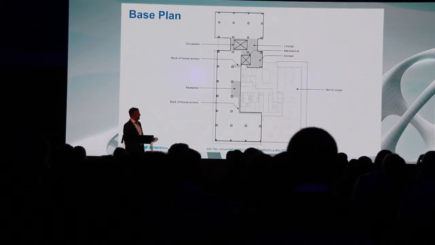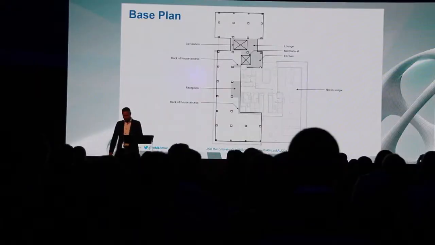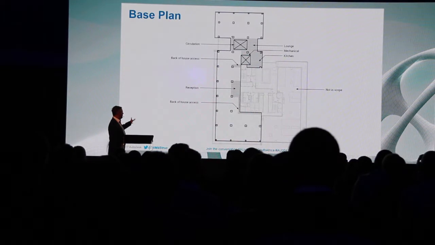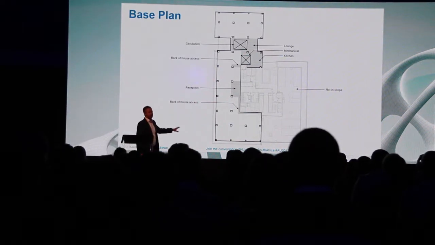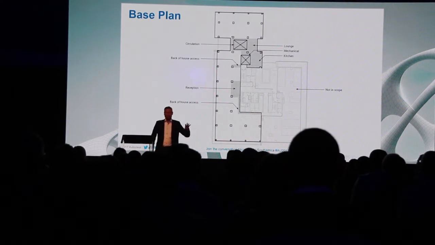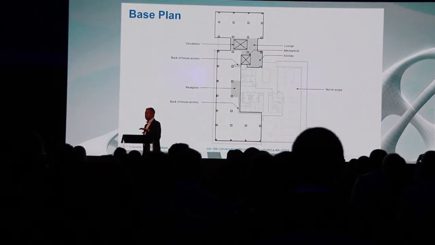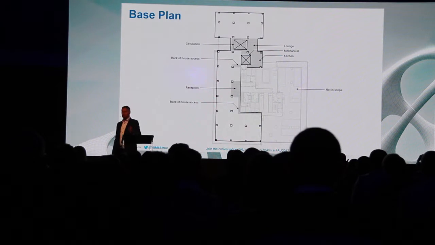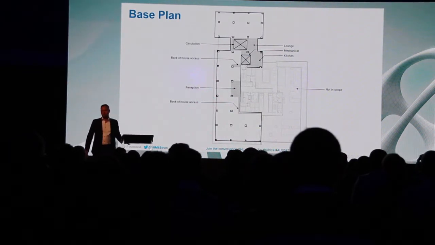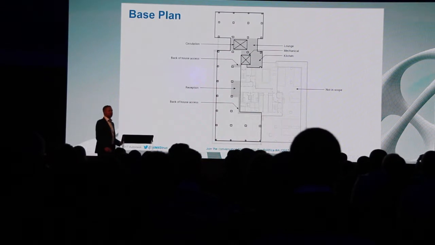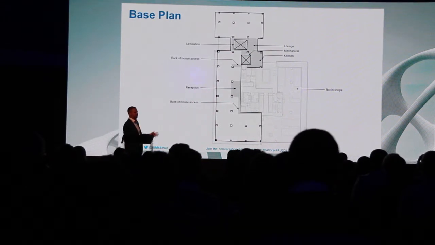This is the base plan of that office, where we have access to the back house, a reception, and toilets. So these are the fixed boundaries which you cannot change. You cannot say, let's move the toilets to another place, because plumbing is already foreseen in that building, and so on.